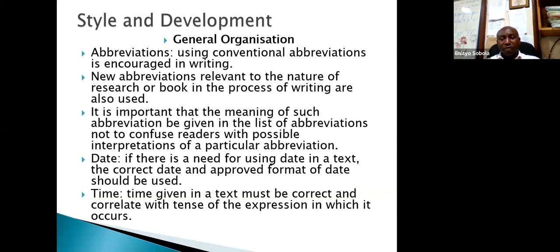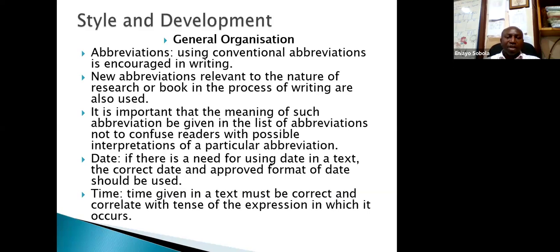In the current dispensation of your Gen Z, you realize that there are several abbreviations you are using. Some of us that don't belong to that generation may not understand. So in that situation, it's on you to state the full meaning of the abbreviation used in a text. So you may have a list of abbreviations.